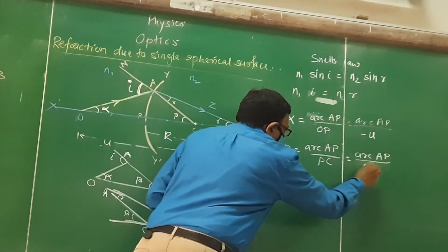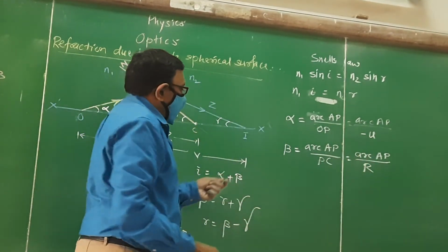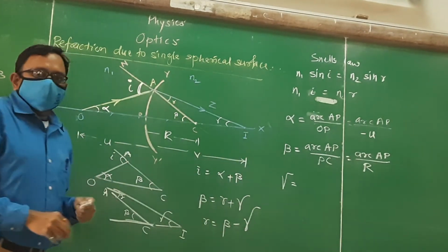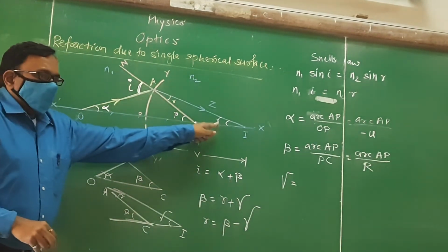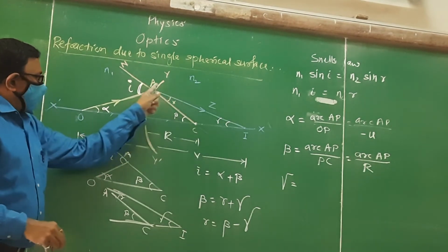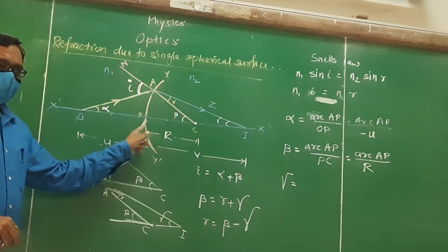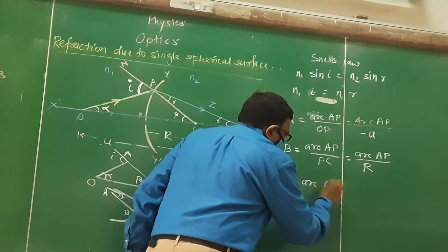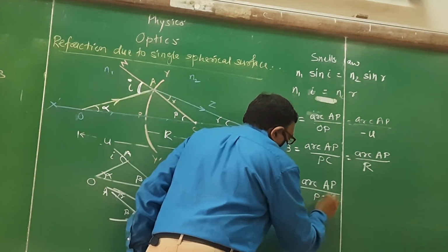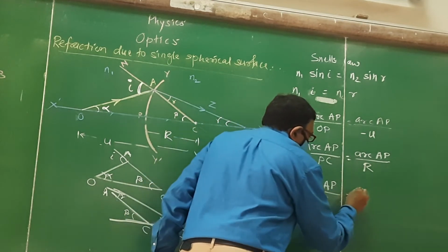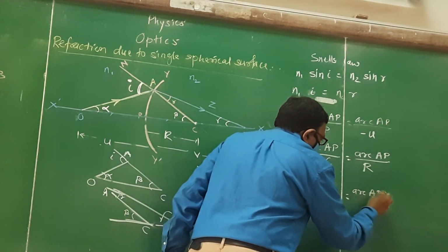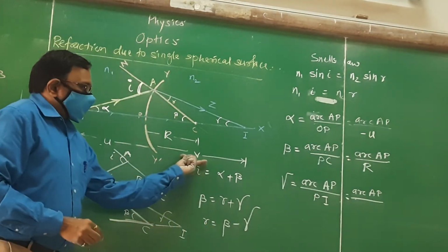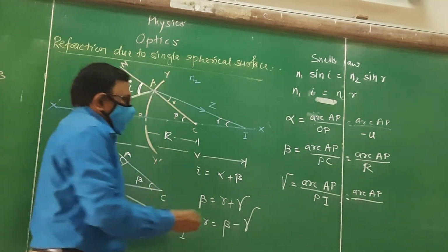R. So beta is AP upon R. Now, who will say the value of gamma from this section? Gamma is equal to AP upon V, which is equal to AP upon PI.